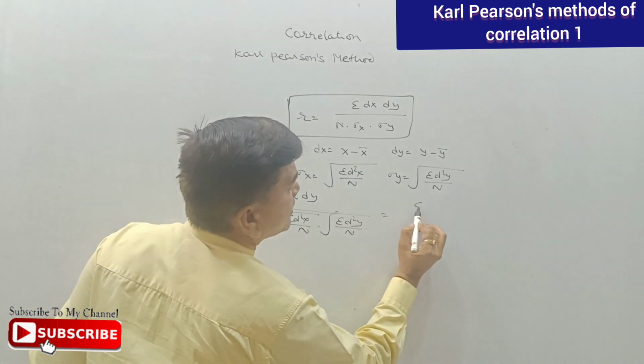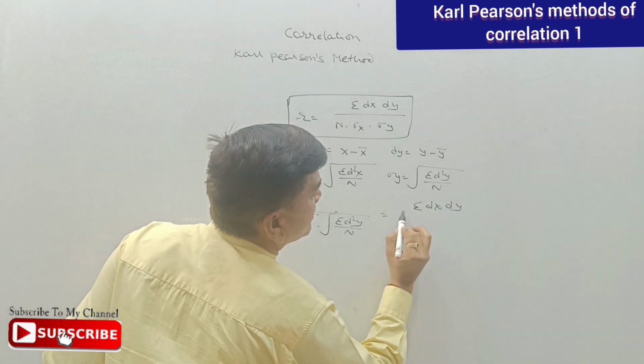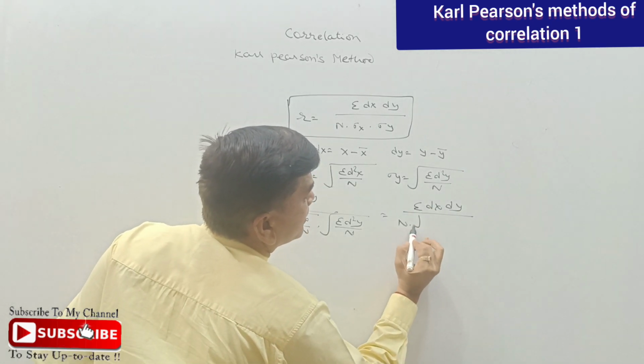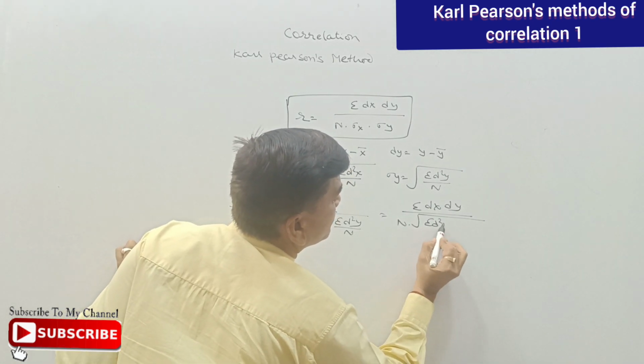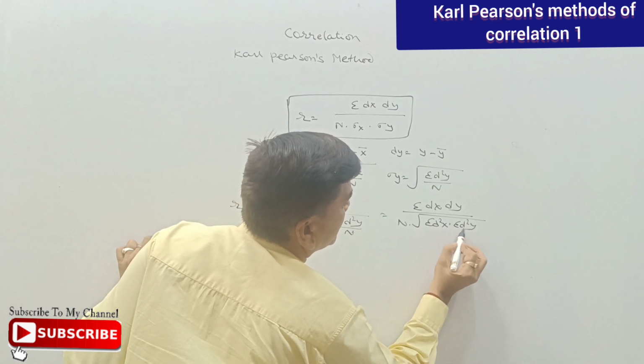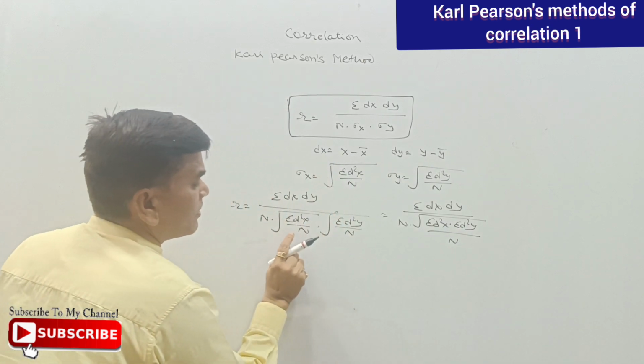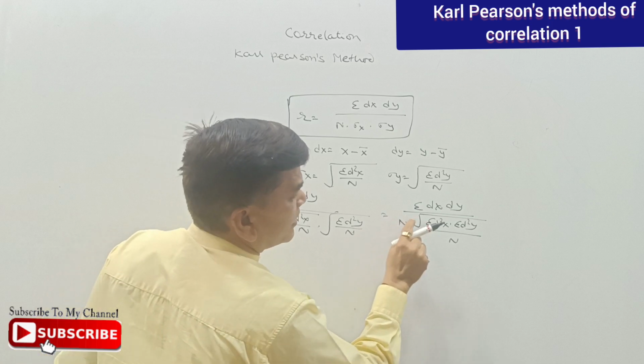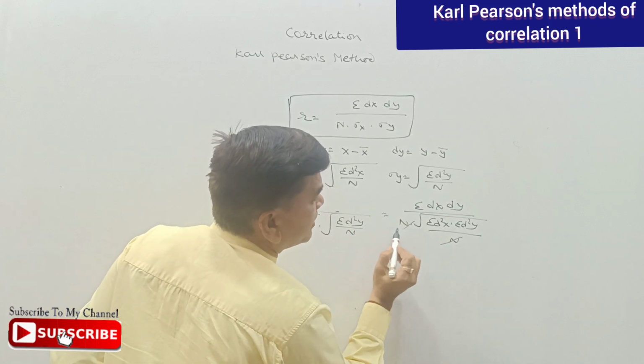We can write it as sigma dx dy upon n under root sigma d square x sigma d square y, but divided by n, because the root n terms come out and n cancels with n.